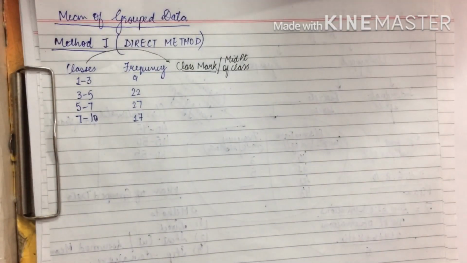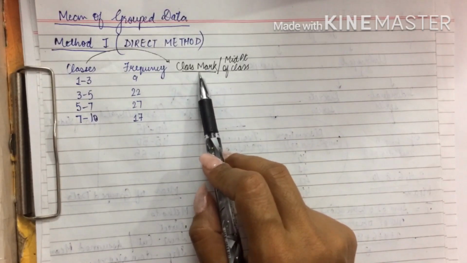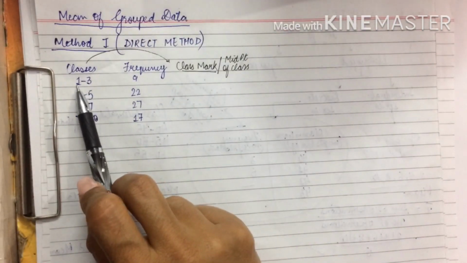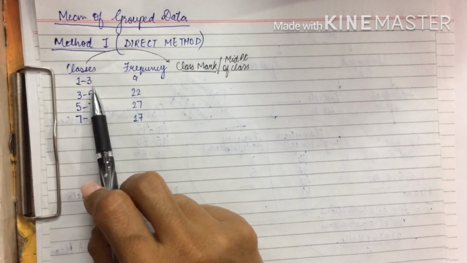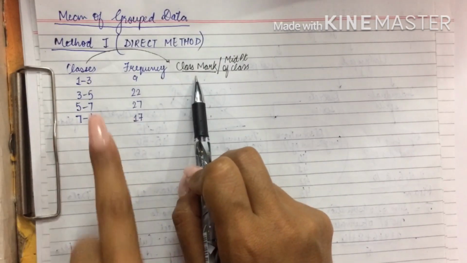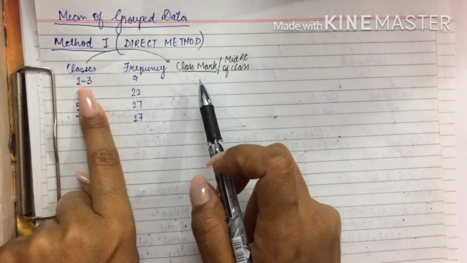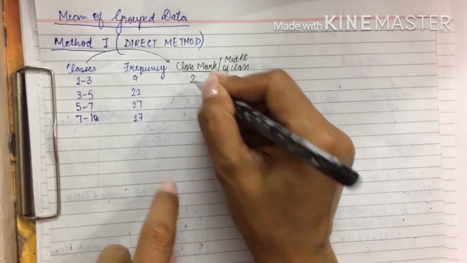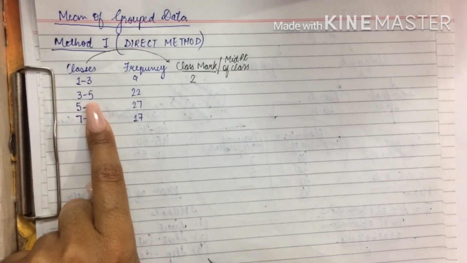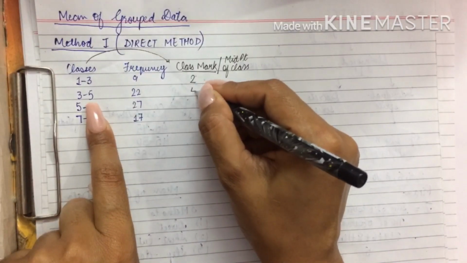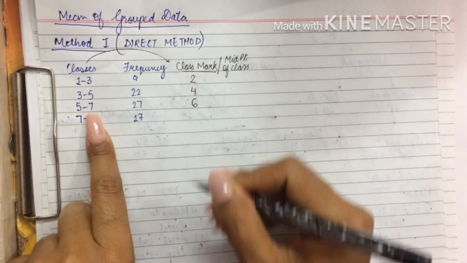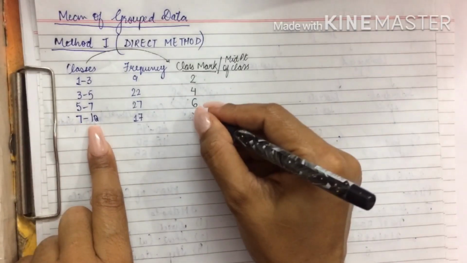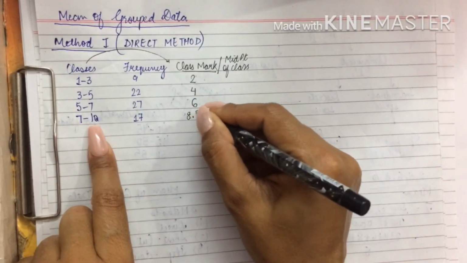I hope you remember how we used to find out the class mark. Class mark is calculated using the sum of the lower limit and the upper limit divided by 2. So the class mark for this class will be 1 plus 3 divided by 2, which will be 2. 3 plus 5 divided by 2, it's 4. 5 plus 7 divided by 2, it's 6. 7 plus 10 divided by 2, it will be 8.5.